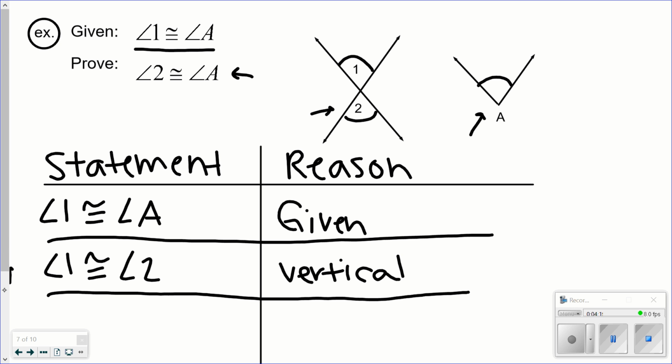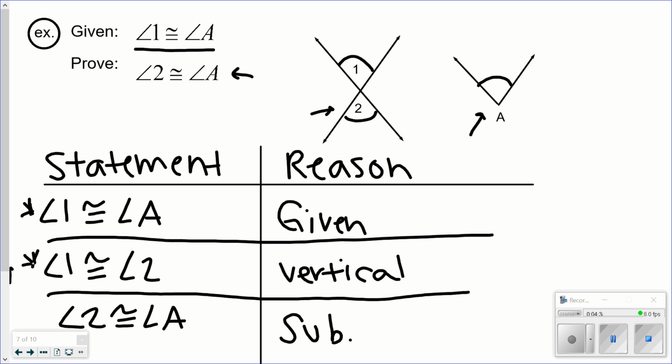So I can now write what's given, that angle 2 is congruent to angle A, and the reason is by using substitution, or you could actually say it's using the transitive property. So substitution, if angle 1 is congruent to angle A, and angle 1 is congruent to angle 2, therefore, angle 2 is also congruent to angle A, and I'm done.